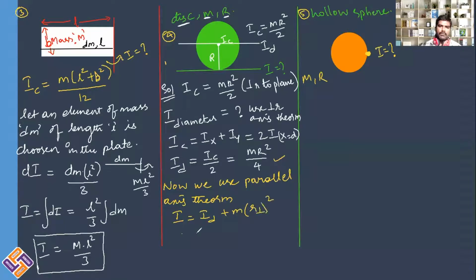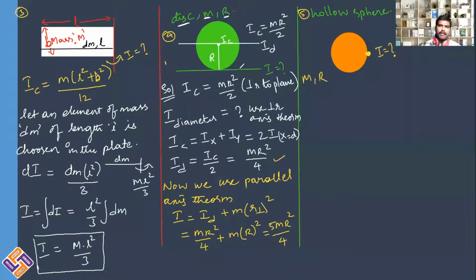What is ID? mr square divided by 4 plus total mass of the disk is m. R perpendicular is equal to R whole square. This is 4 plus 1, 5. So 5 mr square divided by 4. That is moment of inertia with respect to tangent parallel to the plane.